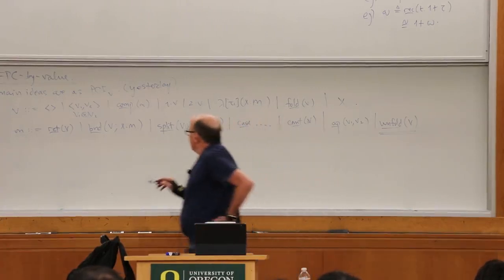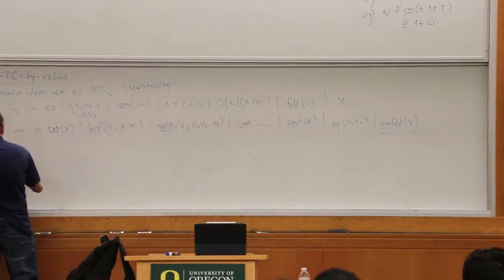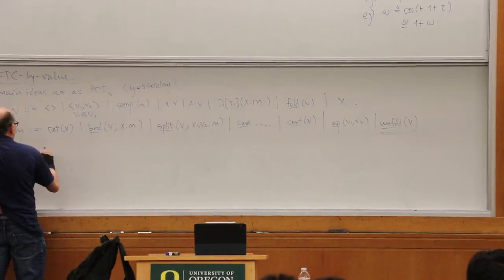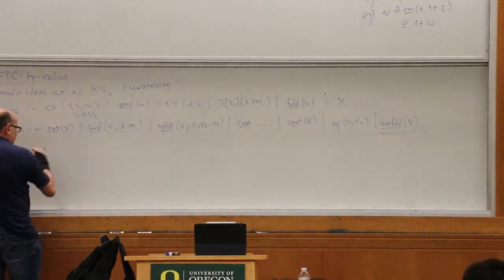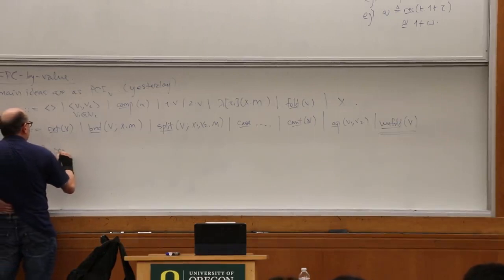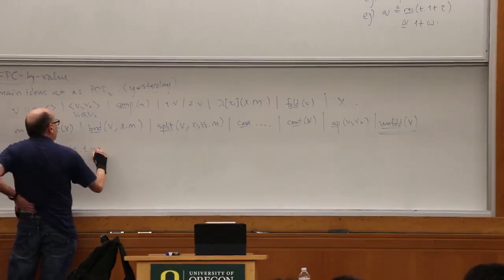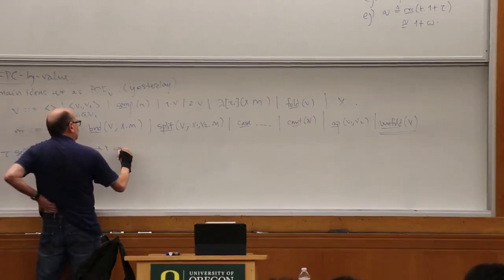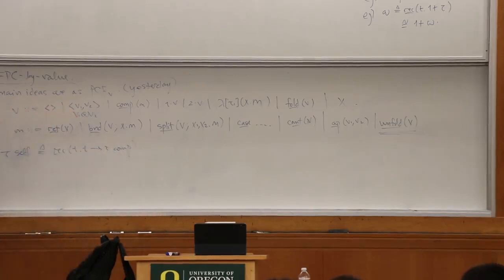So, for example, if I want to do a tau self, one way to do this is, I have the type tau self. Let me write that out. Tau self is as before, by definition, rec t. I'll now write it as tau comp because I'm going to use a total function formulation of it. I can also do it the other way, but I just want to make a point because of how we're going to deal with self-reference here.